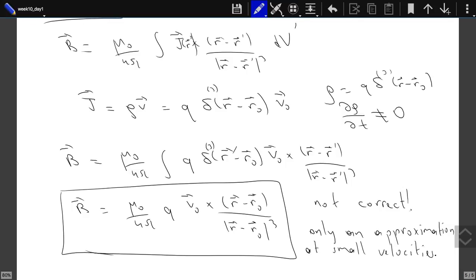Now, in statics, we are saying that the system should not be changing in time. But nevertheless, we can ask, if the system is changing in time slowly, then what are the corrections?